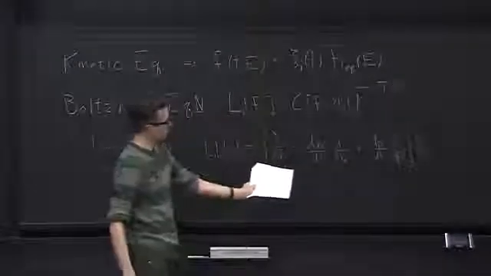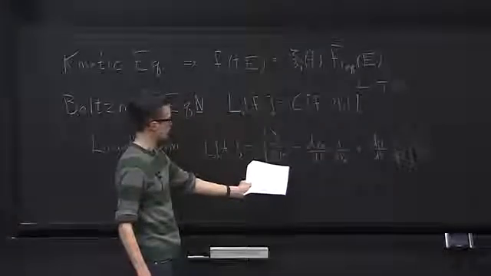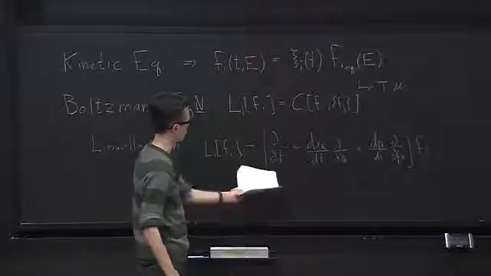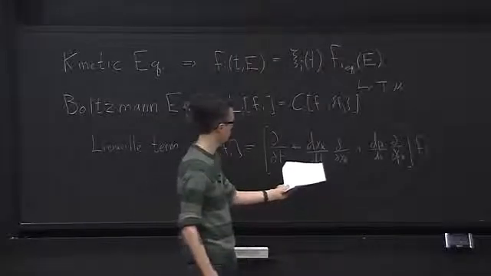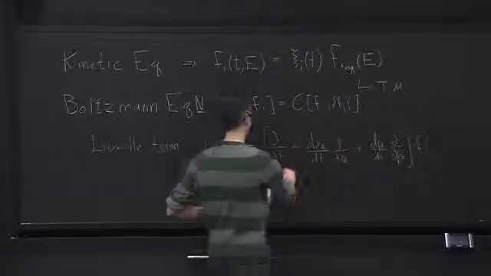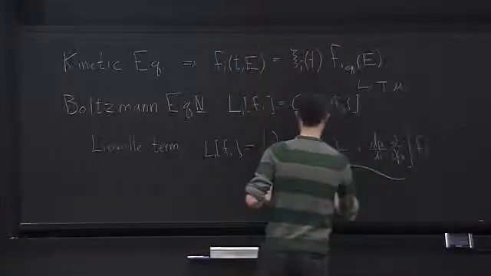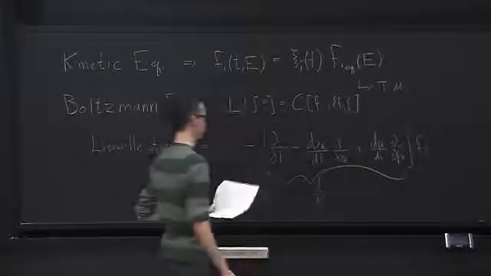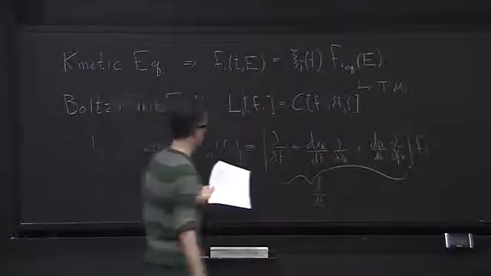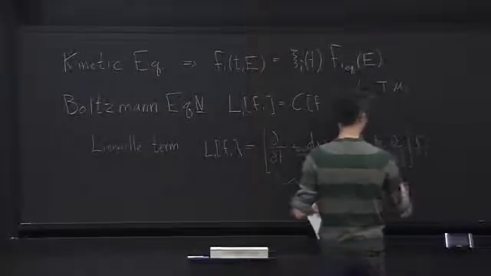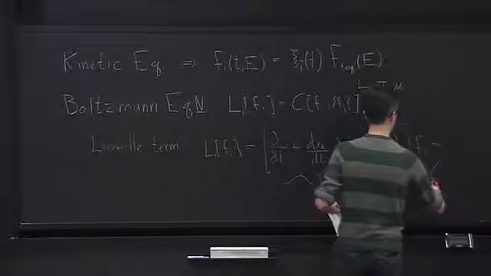So you should recognize this as just a total time derivative with respect to time for something that depends explicitly on time or implicitly through x and p. So in other words, this is just what I would think of as a total time derivative. So this is Liouville specifically in the non-relativistic case.